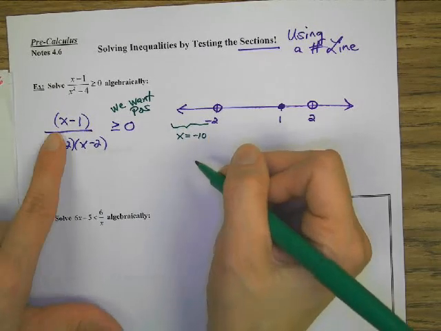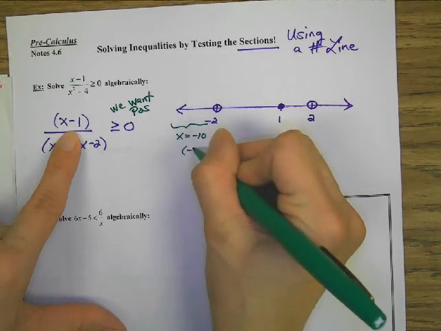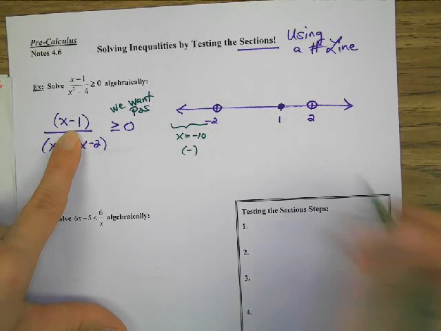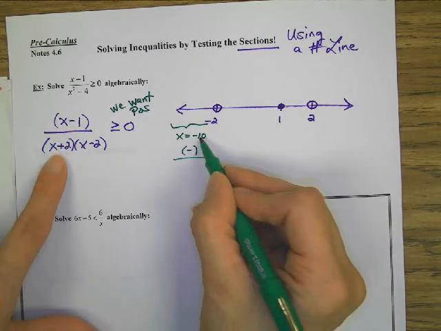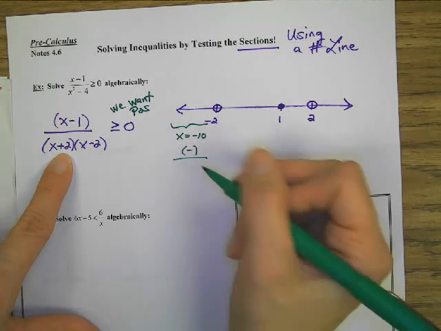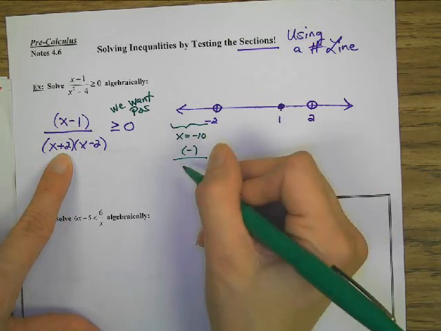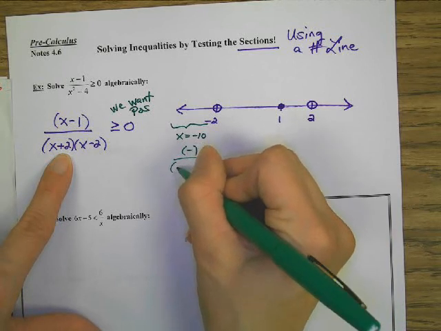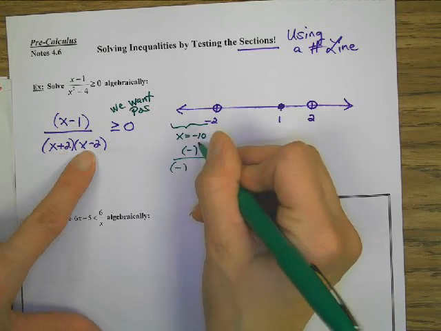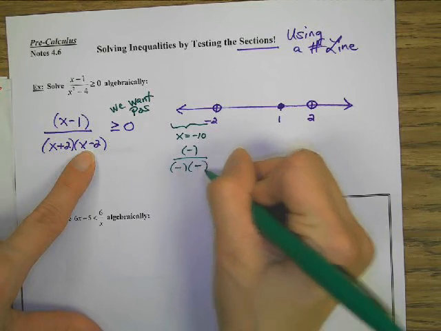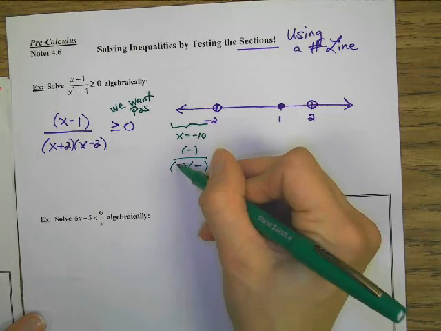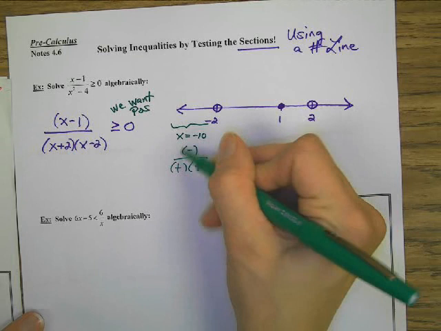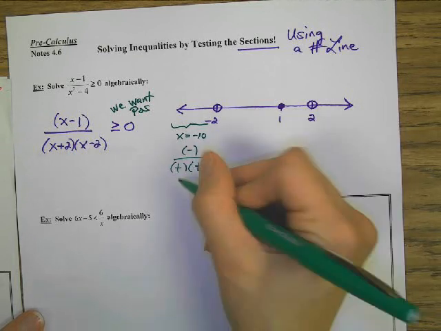Negative 10 plus 2 is going to be negative. And negative 10 minus 2 is also going to be negative. A negative times a negative cancels out, making a positive. A negative divided by a positive is going to be negative. But we want positive. So this is not a good section.